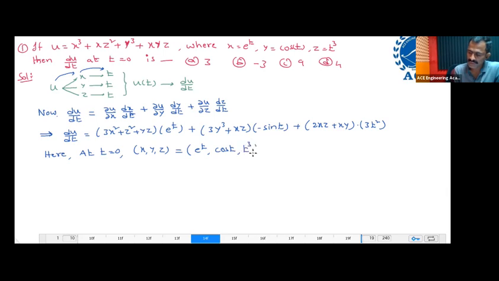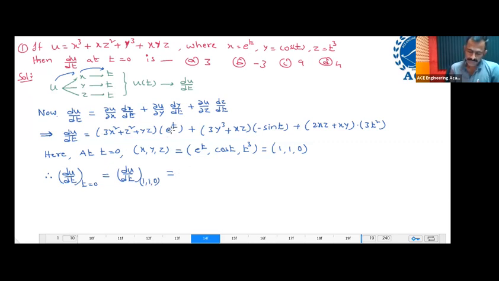When t equals 0, this becomes e power 0, which is 1, cos 0, which is 1, and t equals 0. Therefore, du by dt at t equal to 0 is the same as du by dt at 1, 1, 0. That is x equals 1, y equals 1, z equals 0, and also t equals 0.